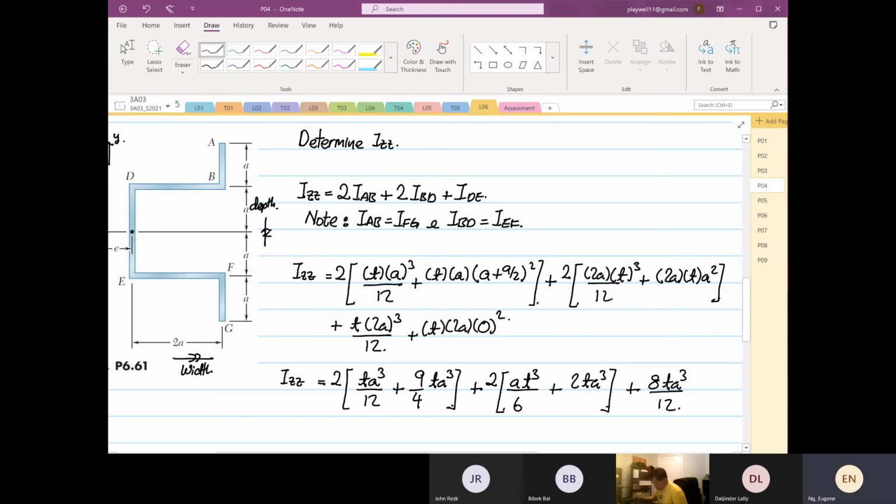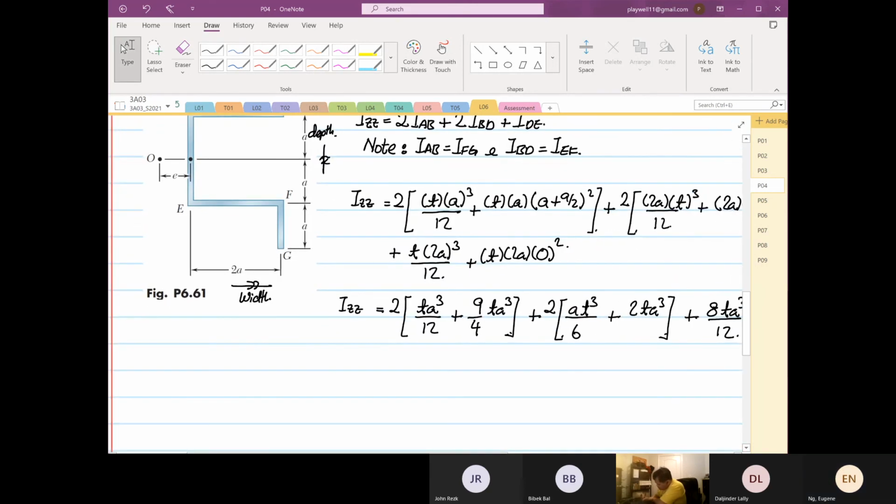Okay, right. So what I want to highlight to you is this. Now note that T is very much smaller than A. Right, you can see for yourself.